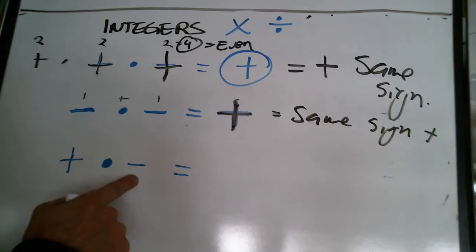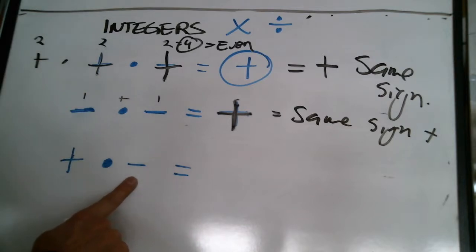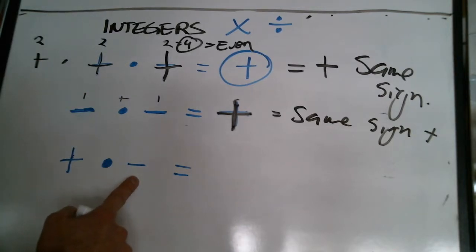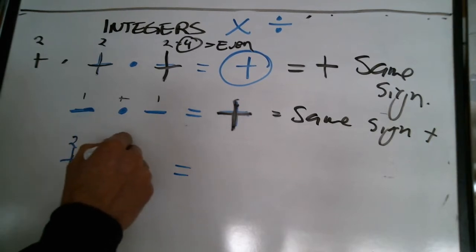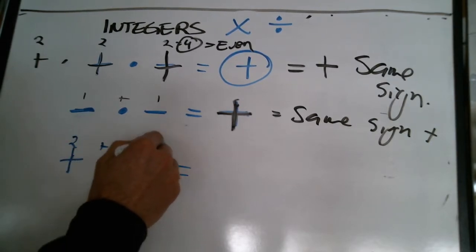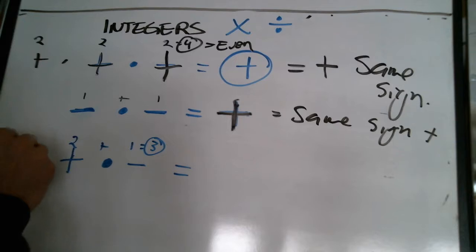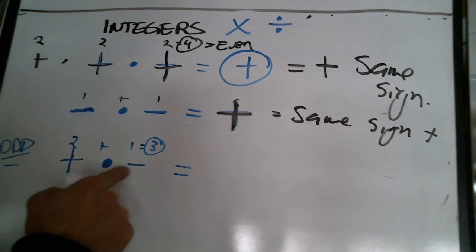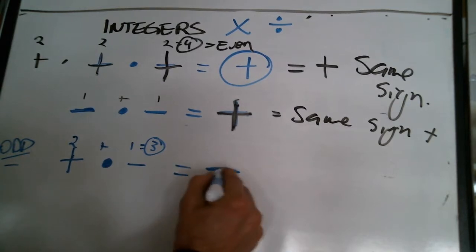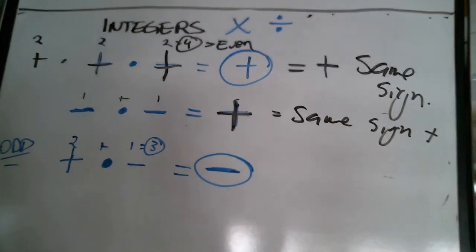This poor little line has to sit all alone in the back watching his friends have fun. So a positive times a negative, this is 2 plus 1, that's 3. That's an odd number of little lines. Positive times a negative is going to equal a negative.